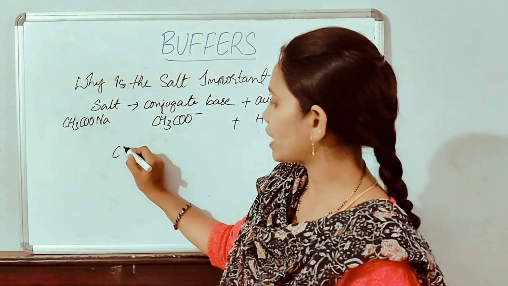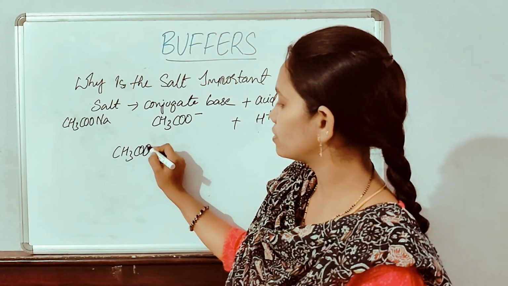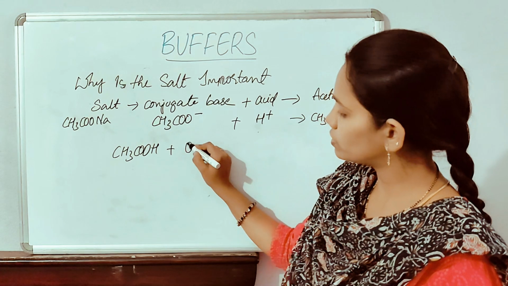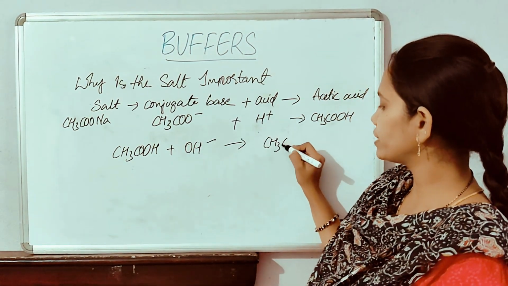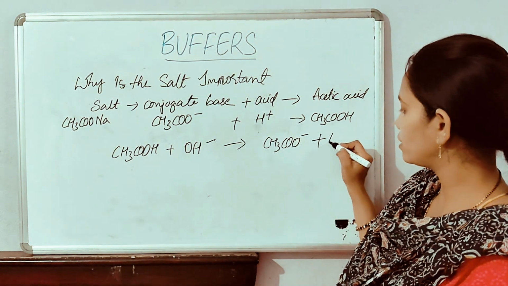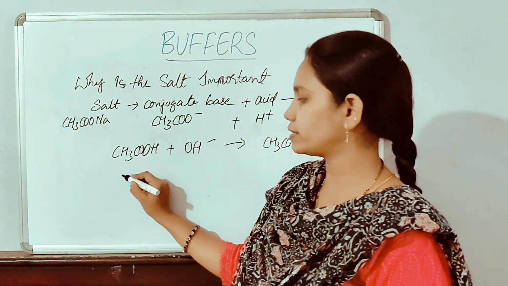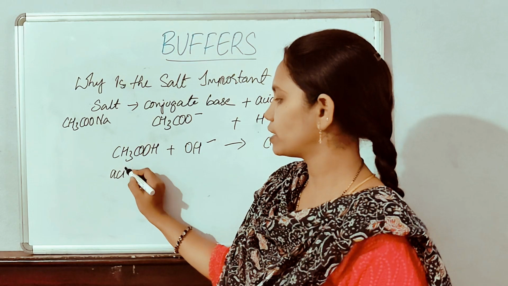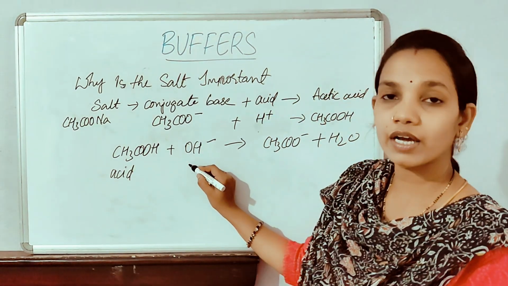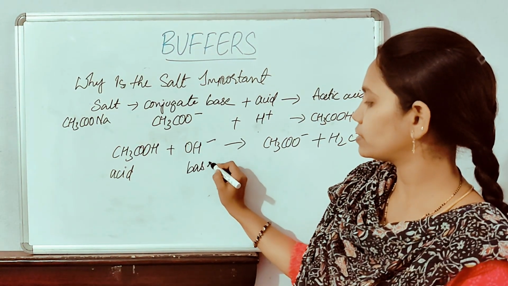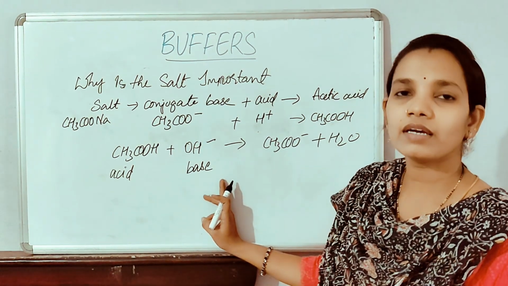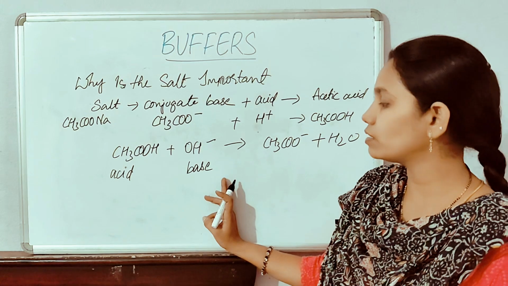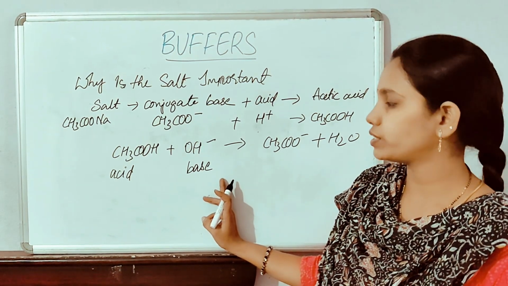Meanwhile, acetic acid reacts with hydroxide to form acetate ions and water. So here acetic acid is an acid, hydroxide ion is a base, and in this reaction acetic acid is removing extra bases from the solution.